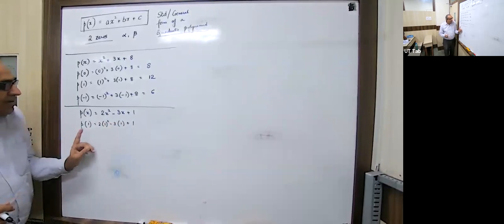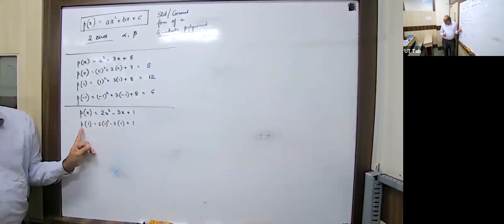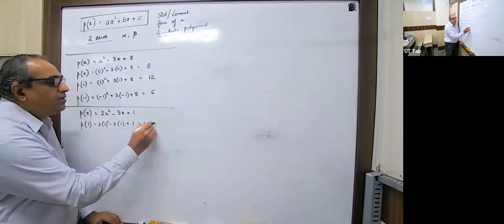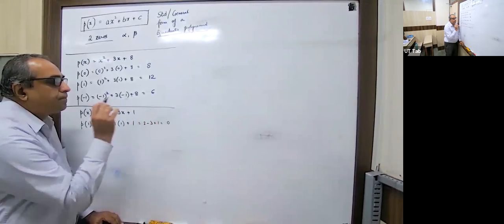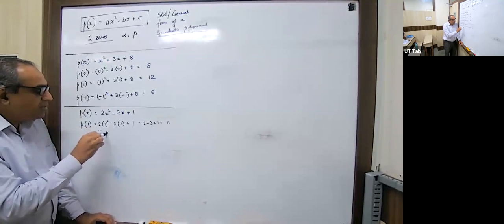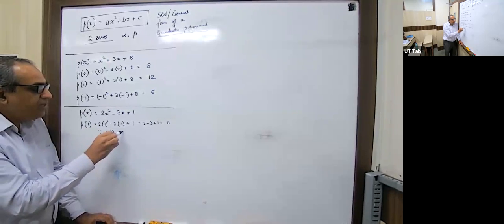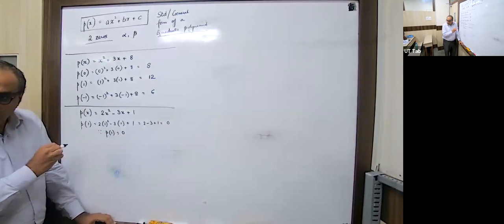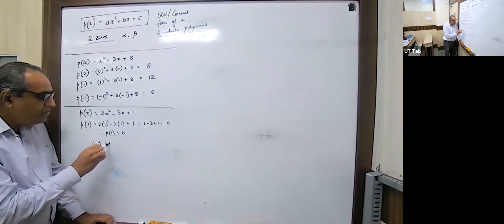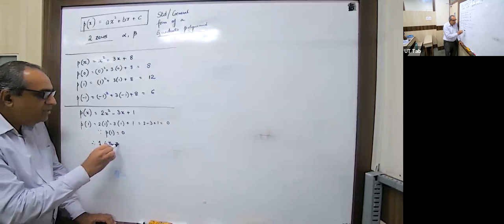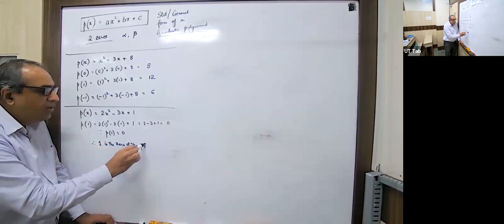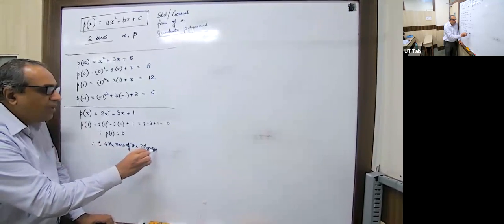I put the value of x as 1. Since p of 1 is equal to 0, therefore 1 is the 0 of the polynomial.